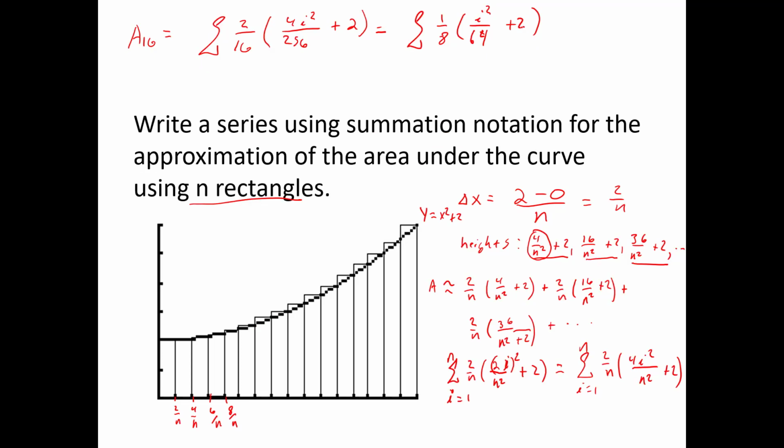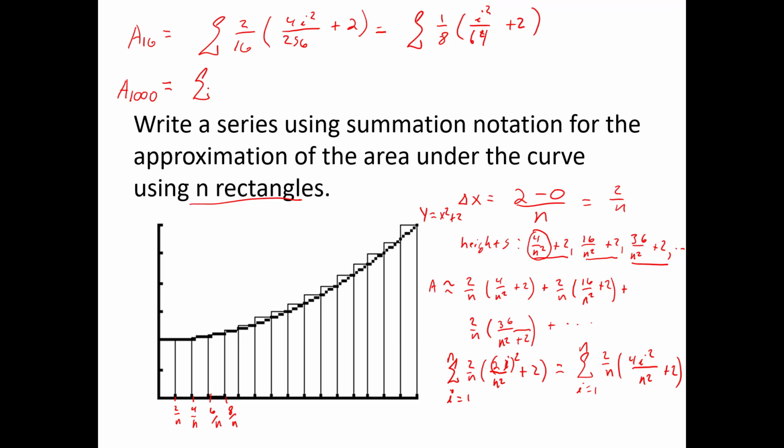And so now, rather than having to do this over and over again, if we wanted to find the approximation, say using 1,000 rectangles, we have a formula for it. It's not a closed form formula. It has this summation in it, but it's still better than having to do this all over again.